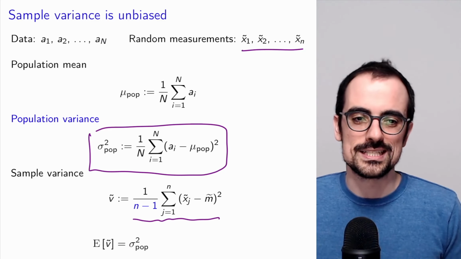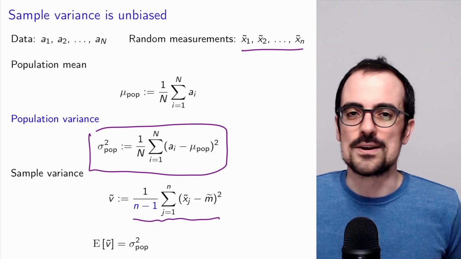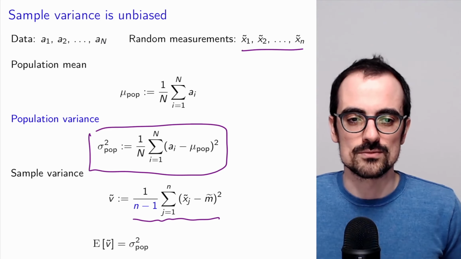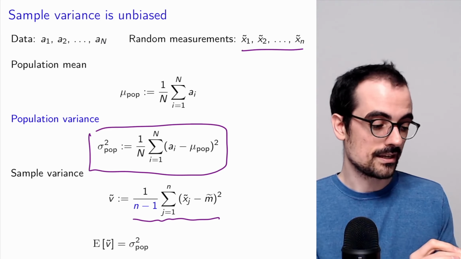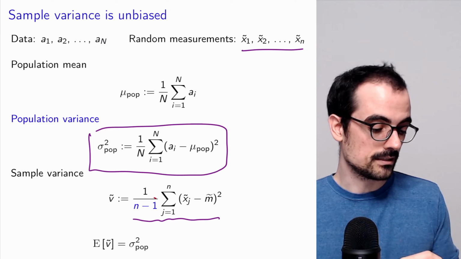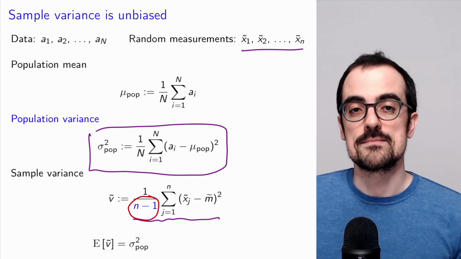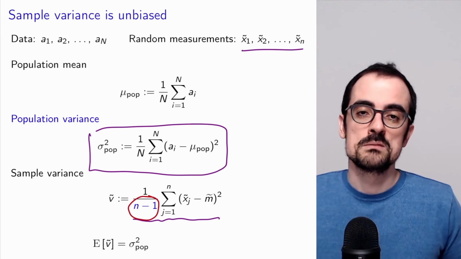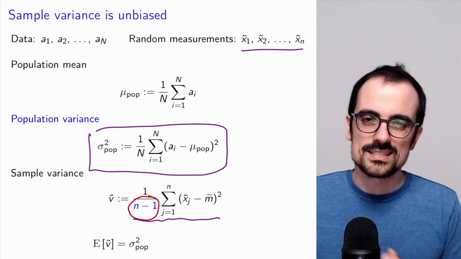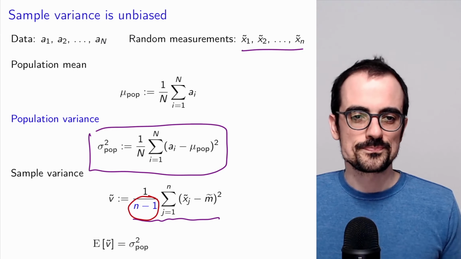It just gets very messy on a slide. But that's why from the beginning we have defined the sample variance with this n-1 in the denominator. However, it's not super important because for large n, it's barely going to make a difference.